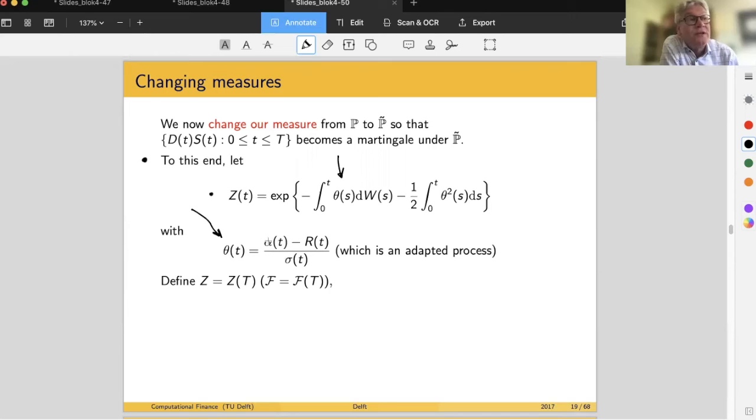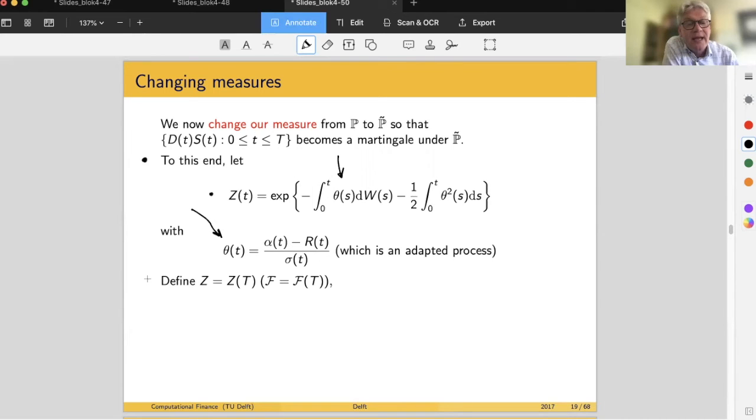And alpha was the mean rate of return of the stock. R was the risk-free interest rate, as a stochastic process. And sigma_t is the volatility. This is an adapted process.